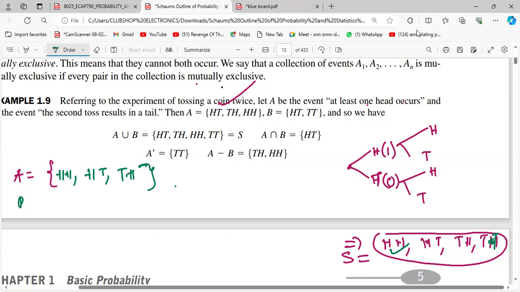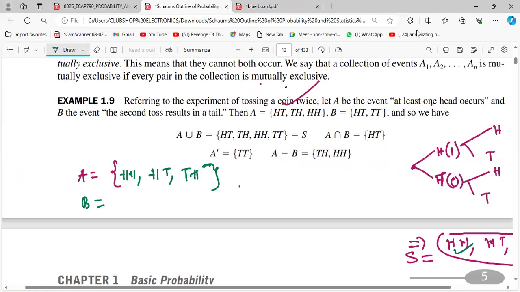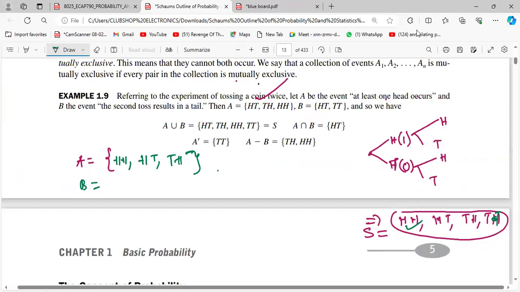Then B, we are saying, let B be the event that the second toss results in a tail. So here we do not have a tail in HH.